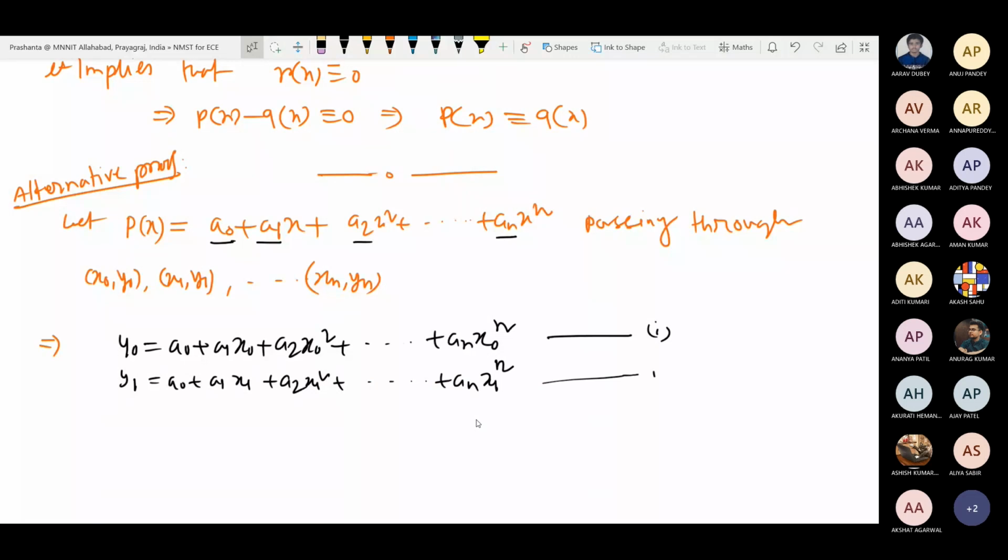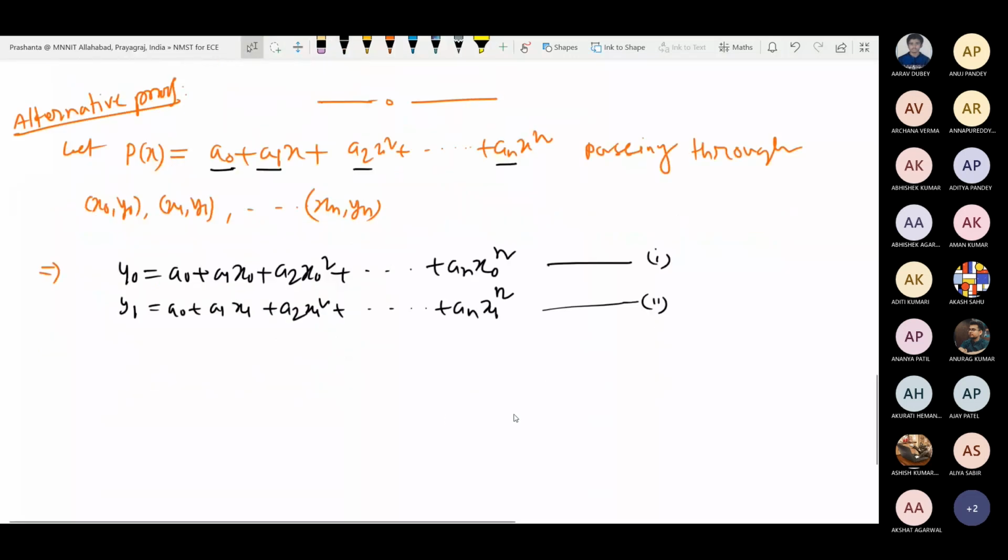This is the second equation. Similarly, if you pass the polynomial through the last data point xn yn, you will get yn equals a0 plus a1 xn plus a2 xn square up to an xn power n.